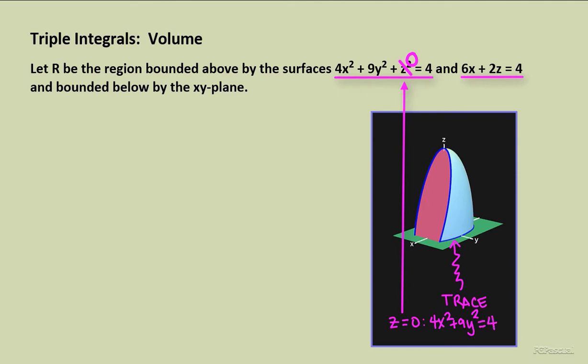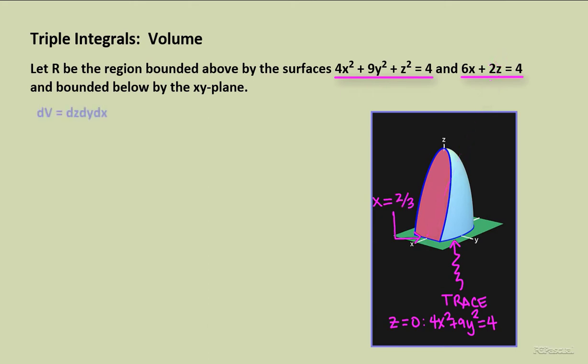And we get 4x squared plus 9y squared equals 4, which is the equation of an ellipse on the xy plane. There is a third blue curve, which is actually a straight segment, and is part of the line of intersection between the plane 6x plus 2z equals 4 and the xy plane. To find an equation of the straight line segment, we set z equals 0 in 6x plus 2z equals 4, and we get x equals 2/3.